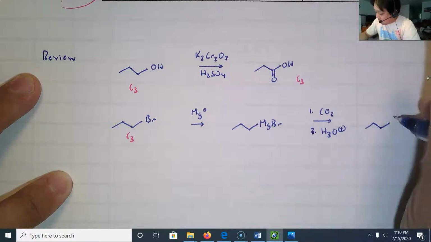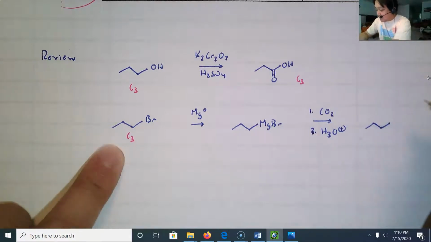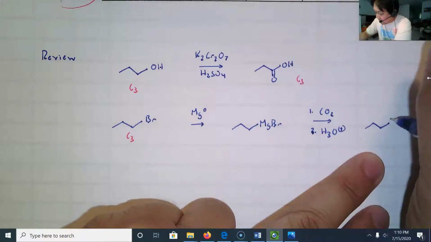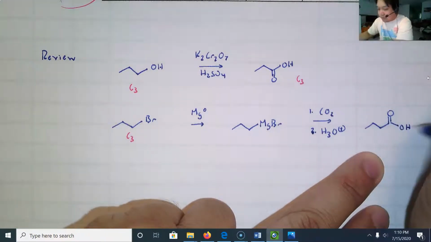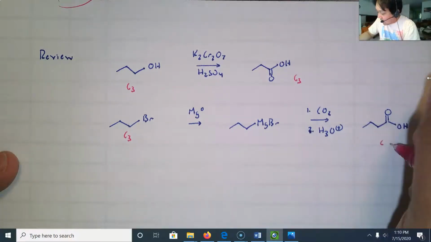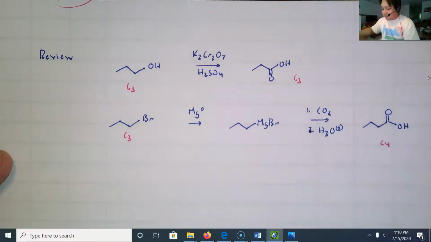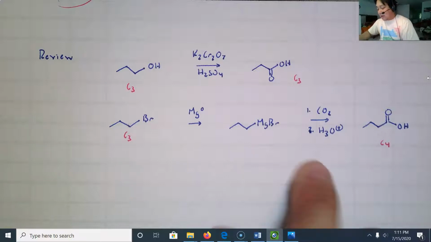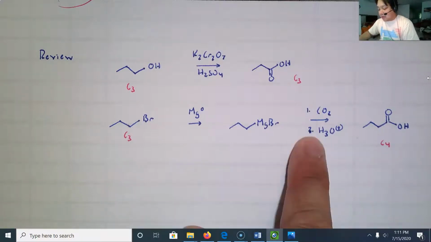What's the difference between the product that I made in the second synthesis versus the first synthesis? They are both carboxylic acids, but you notice here you have 4 carbons. So you got to be aware that you actually add a carbon if you do the addition of carbon dioxide.